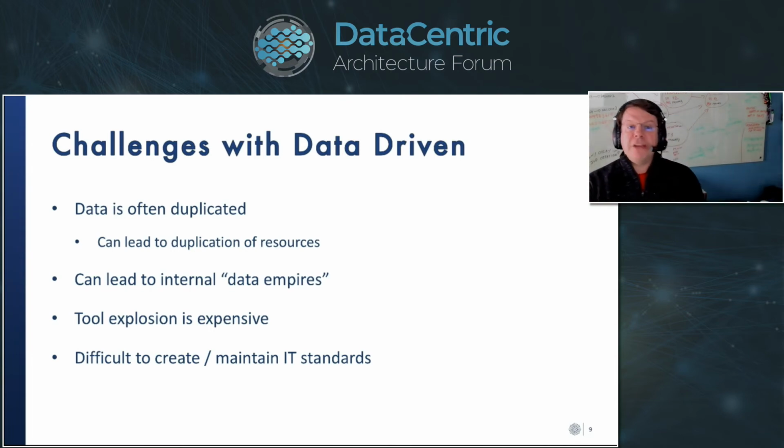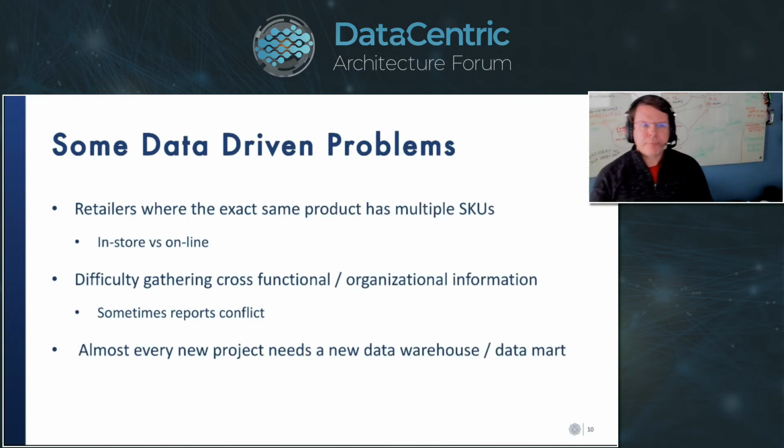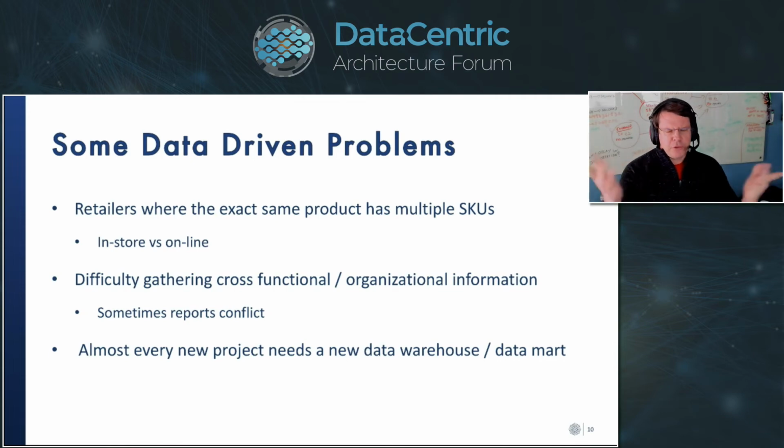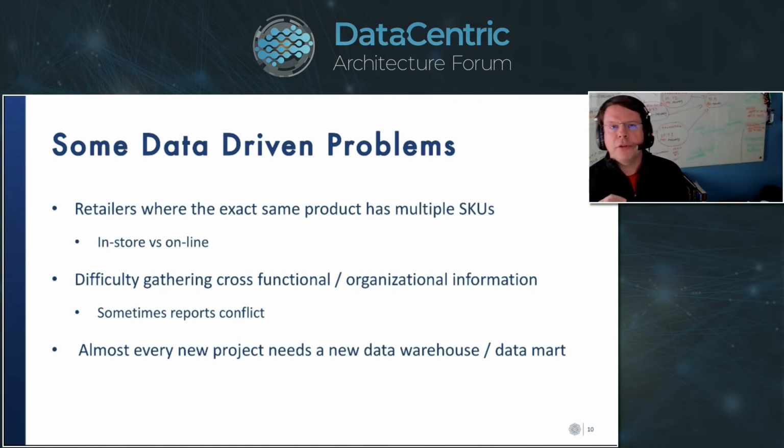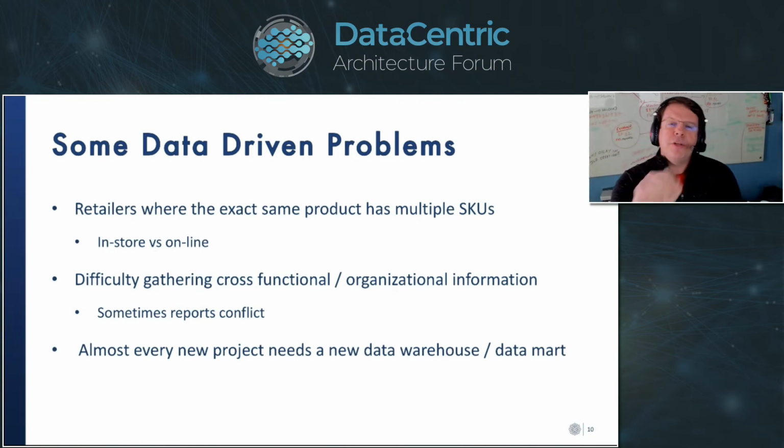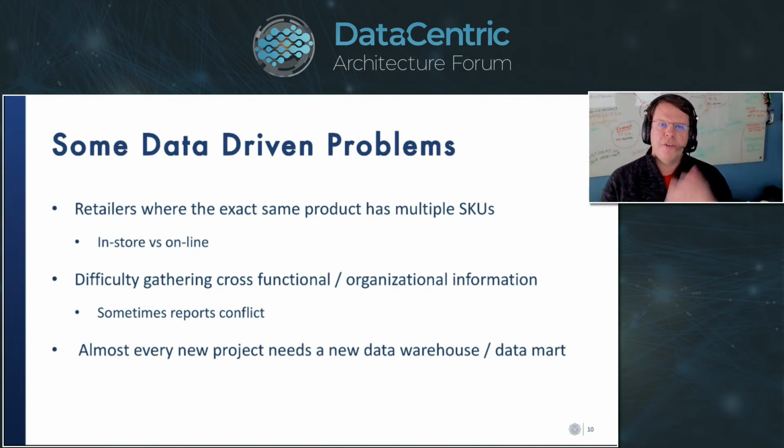So let's move past data driven now and start talking about, actually, first, let me give some more specific examples of places you may see this concretely, back in retail. Again, I see this all the time. You'll see retailers that have the same product, so maybe they're selling you the same pen or the same coat, whatever it might be, in a physical store as well as online.